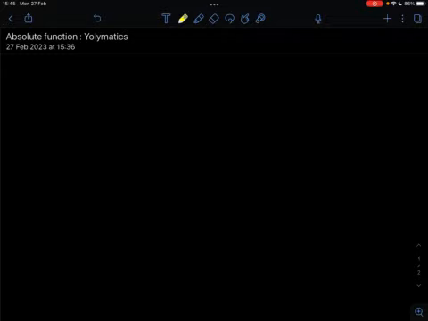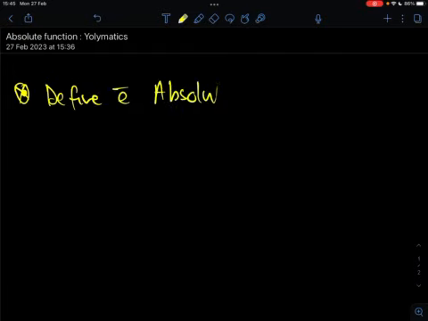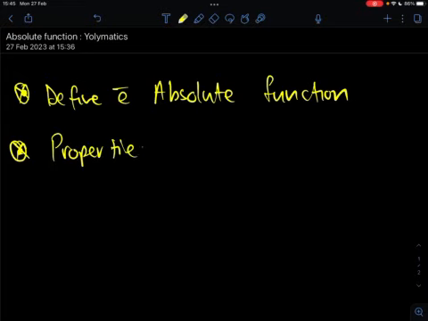So in this lesson, our main objectives will be to look at least three things. The first of which will be to define the absolute function. Then the next thing will be to understand some of its properties.